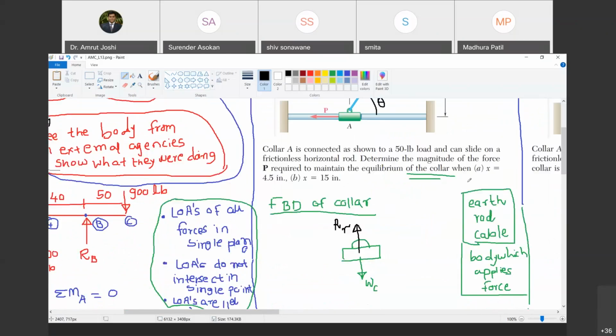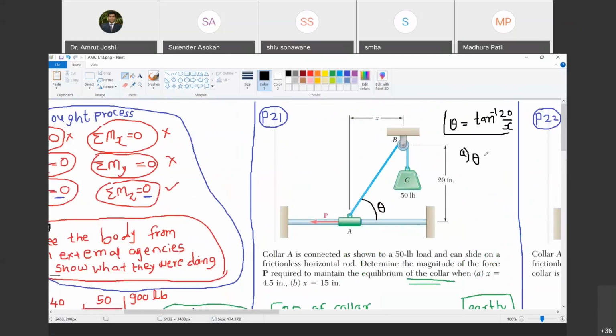Yes, sir. So tell me how much is that? Tan inverse of 20 by 4.5. How much? Tan inverse of 4.44. You tell me the angle in degree. It is 0.077, that is in radians.